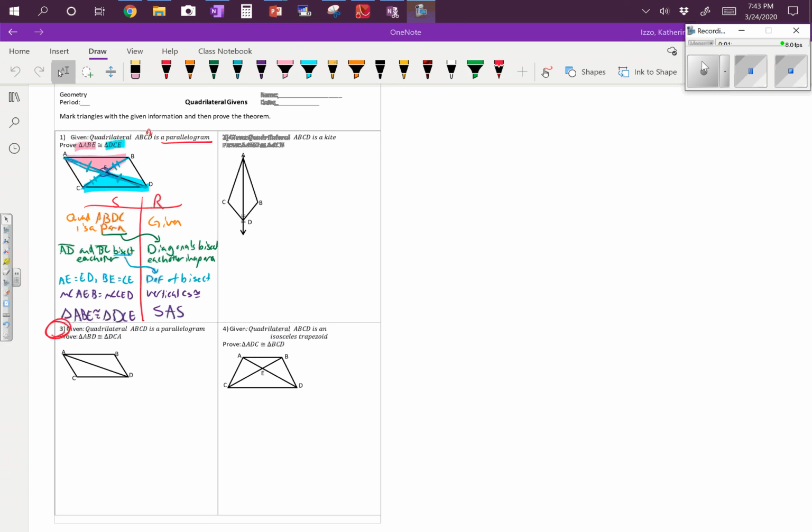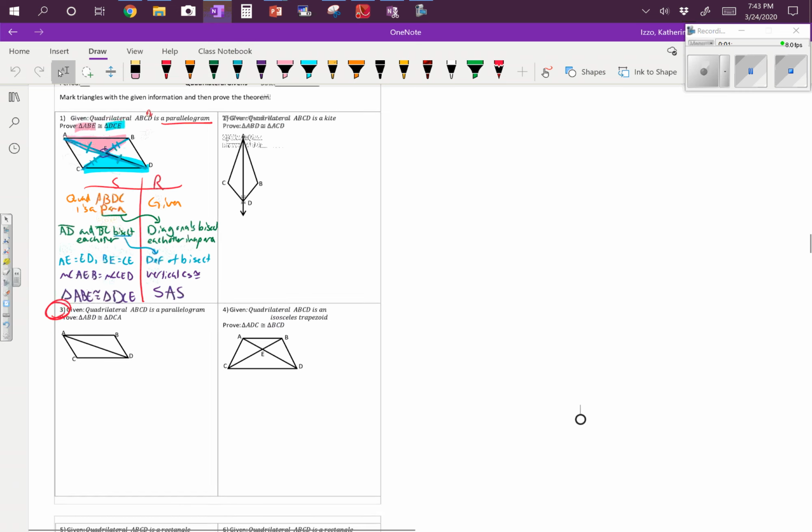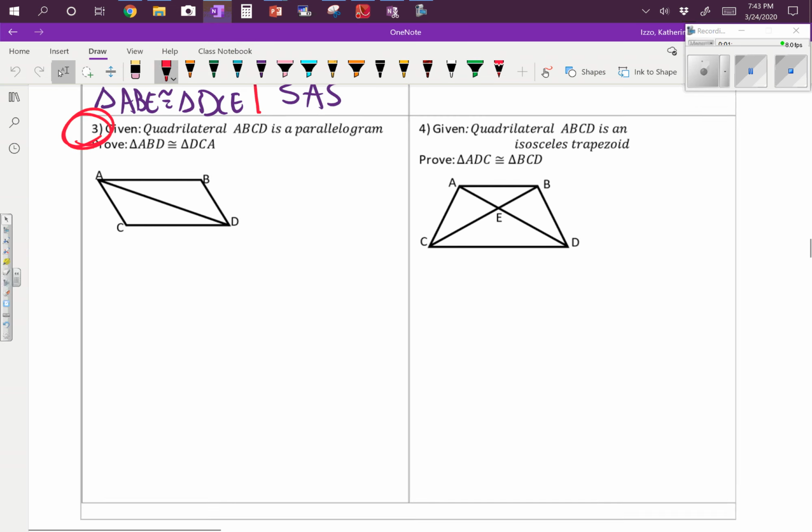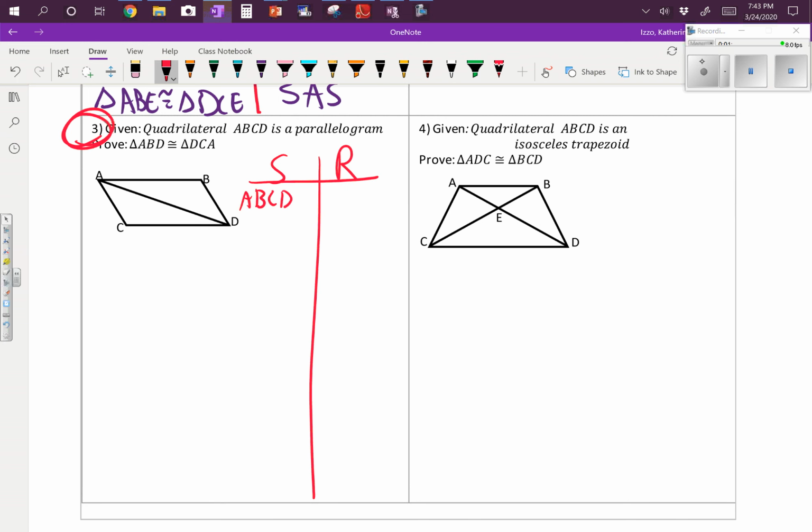Okay, so we did number 1 in class. Let's take a look at number 3. Number 3, we've got statement, reason: ABCD is a parallelogram. What do you know about parallelograms, Squirrel?